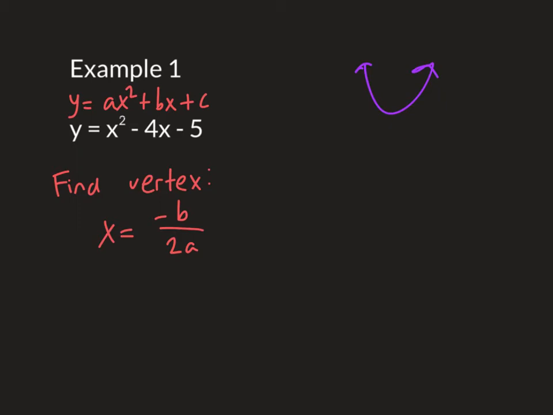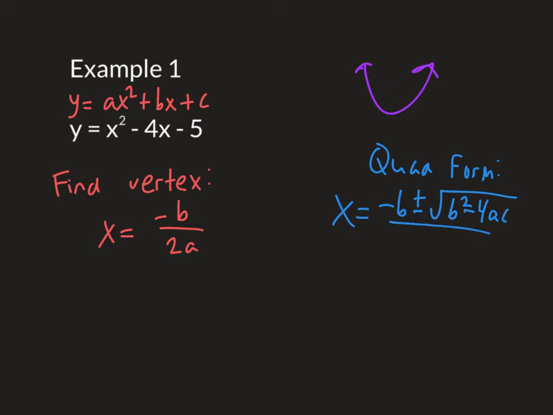And while I'm thinking about it, let me just point this out. If you remember that quadratic formula from before, which finds the zeros, it was negative b plus or minus square root of b squared minus 4ac, all over 2a, right? And if you notice, this part of it is what's going on right here.